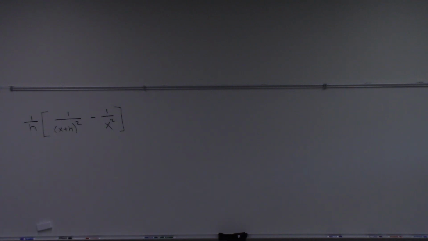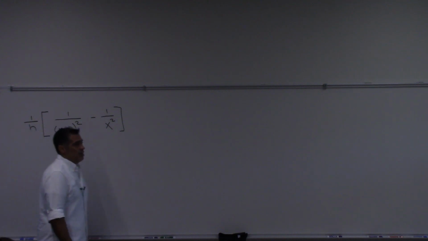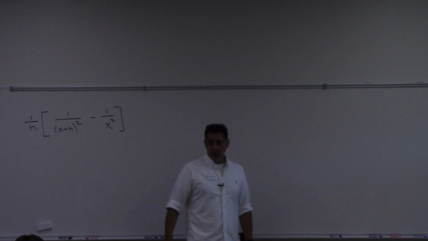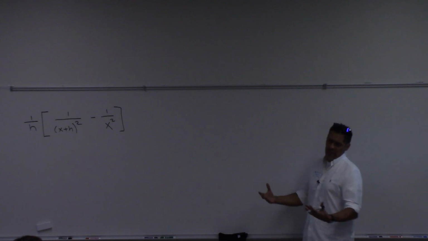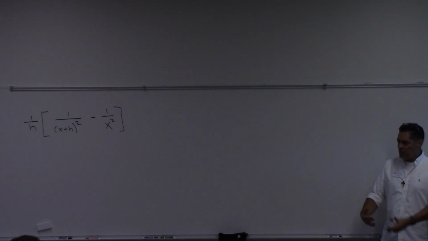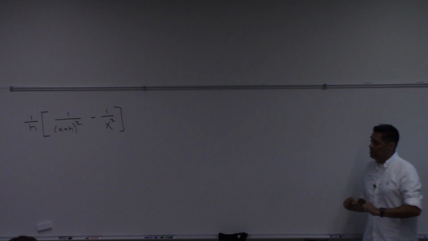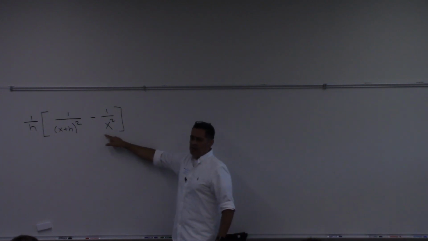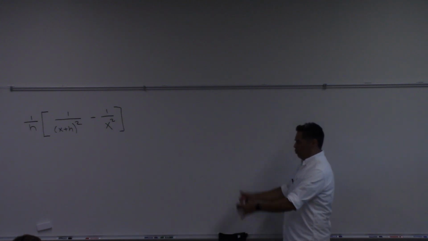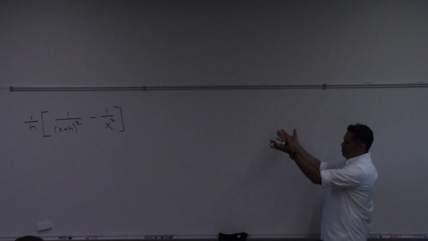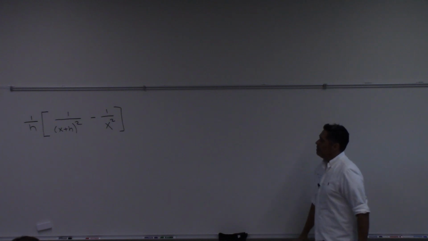It comes from something that you do in calculus called finding the derivative of a function, which is one of the most fundamental things in Cal 1. And to do that, you must be able to do this algebra, right? So if you're wondering where that expression is coming from, that's where it comes from.